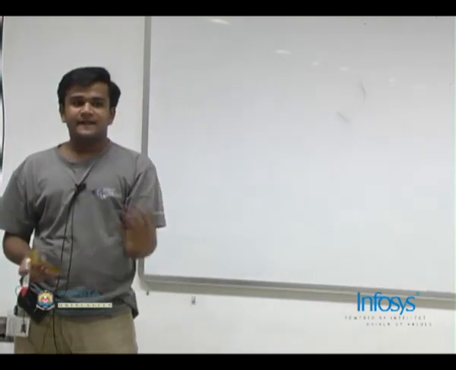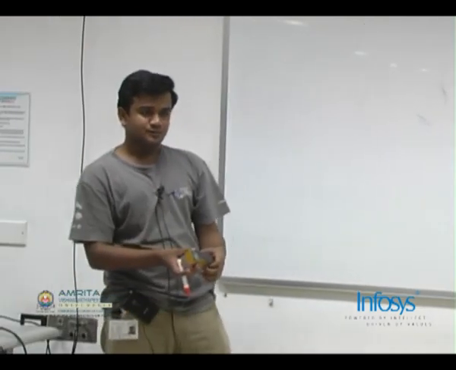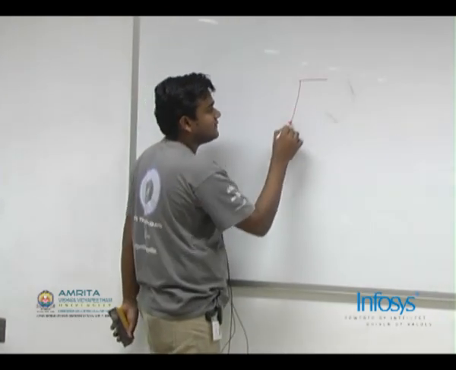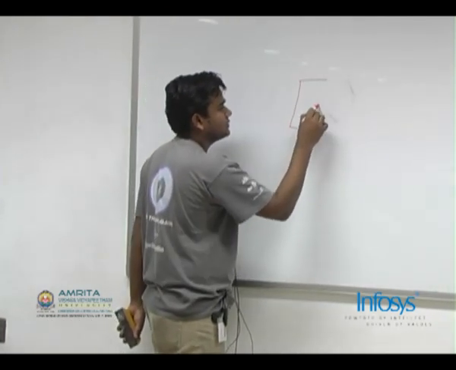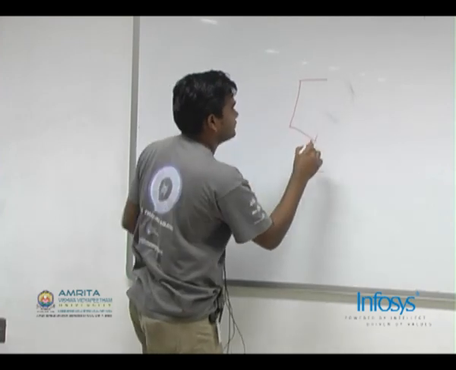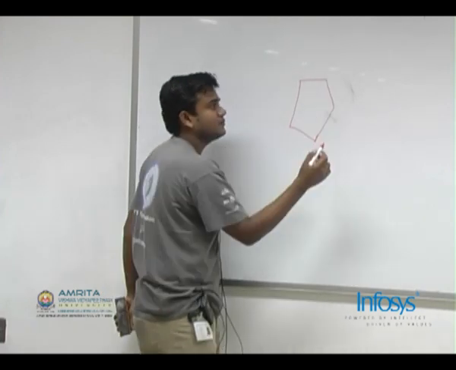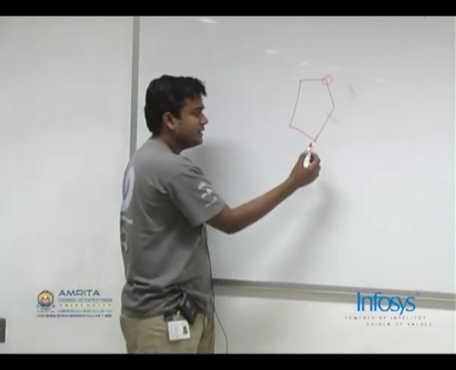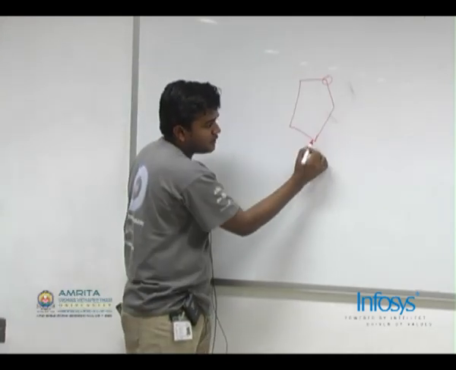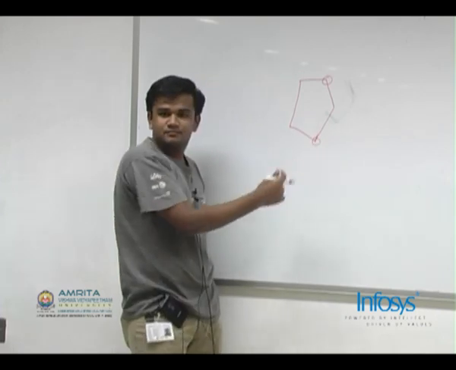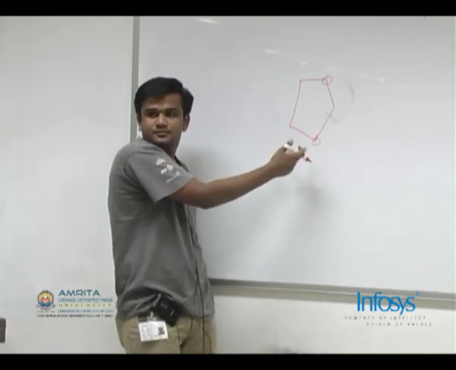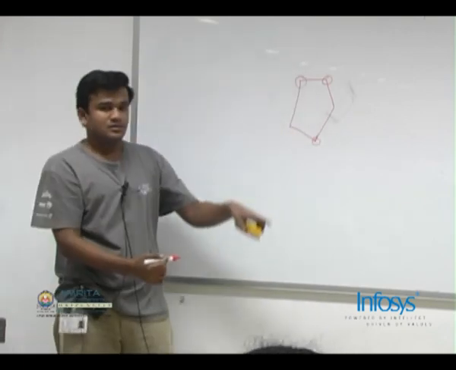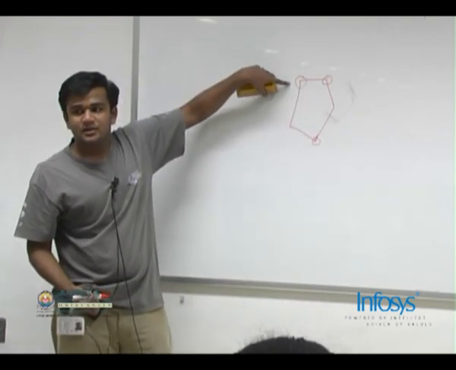Now he has suggested another improvement over this method, which I will explain to you. So let's say we have the convex hull. Let's take one point and let's say the farthest point to this point is like this. Let's say now we want to find the farthest point to this point.